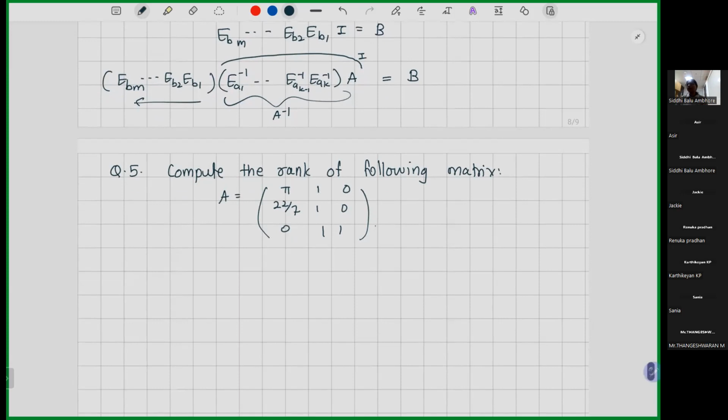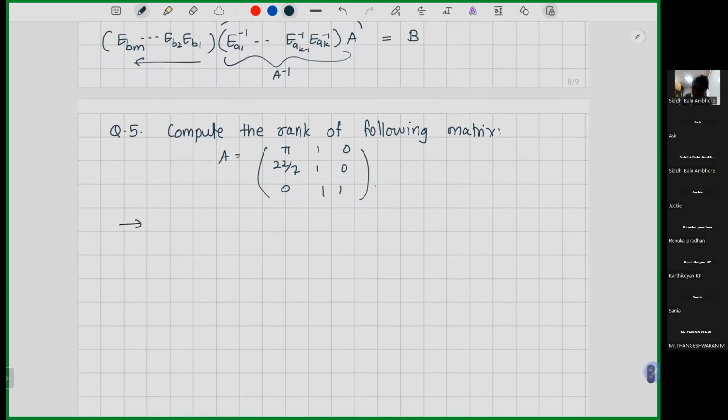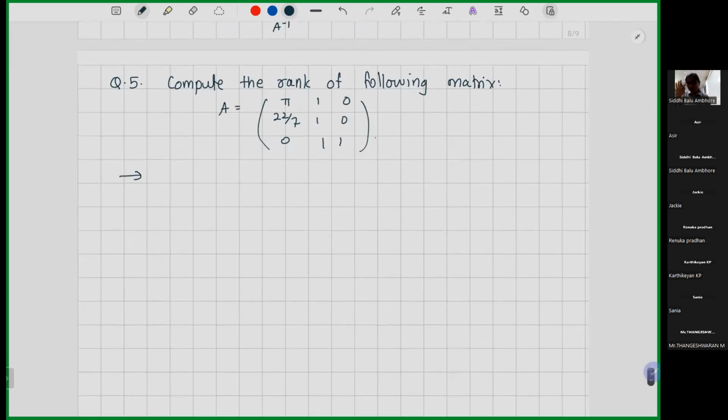Okay, so we have to compute the rank of this matrix A. So you all know what the rank of a matrix is, right? We know the rank of a matrix is just related to the rank of a transformation, which we learned.